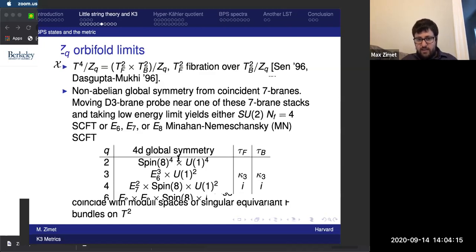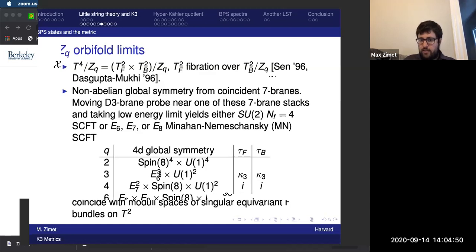If you look at the intersection matrix defining those singular fibers, that tells you the global symmetry of the little string theory. So here physically you have 4 different stacks of 7 branes, which if you probe them with a D3 brane, then at low energies it'll look like SU2 with N_f equals 4, the 4-dimensional SU2 N_f equals 4 CFT.